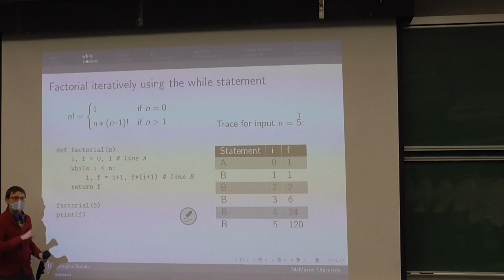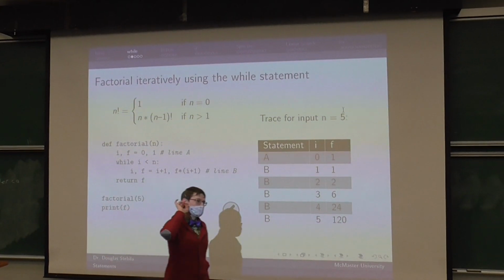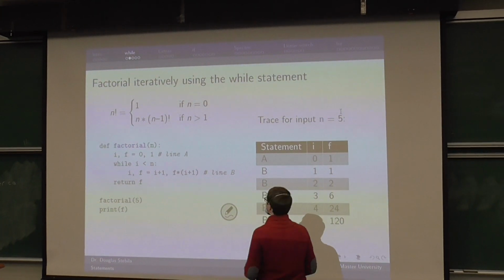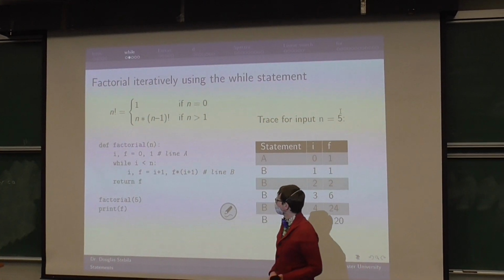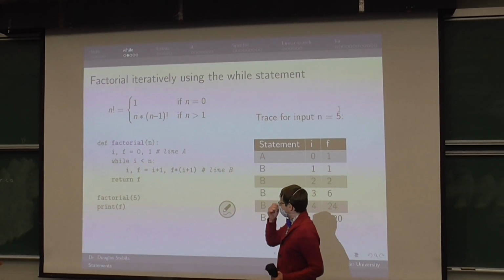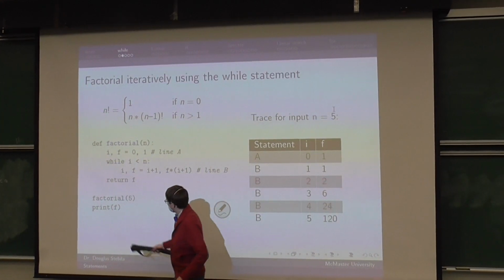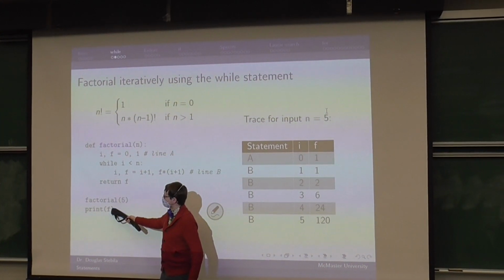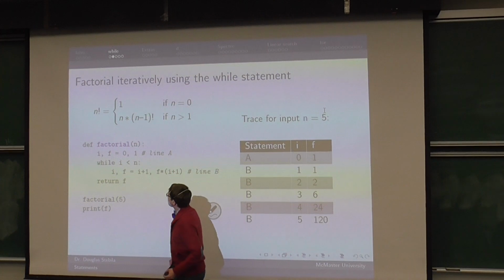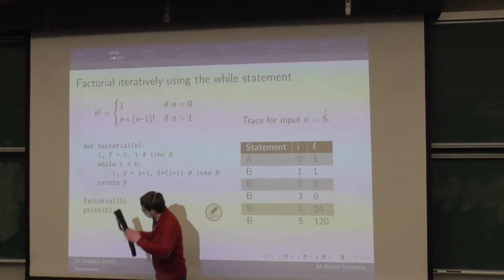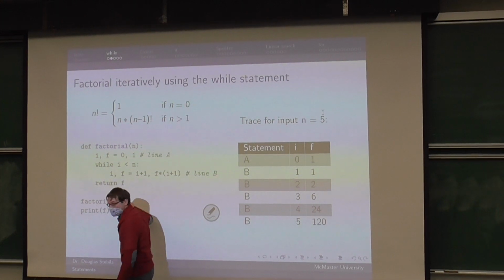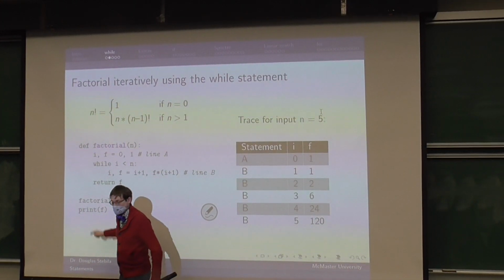Yeah. Question? When I tried to run it, it said f is not defined. Yeah, that would be correct. That's because this thing's out of scope in this context. Well, the print statement should be around the call to factorial.